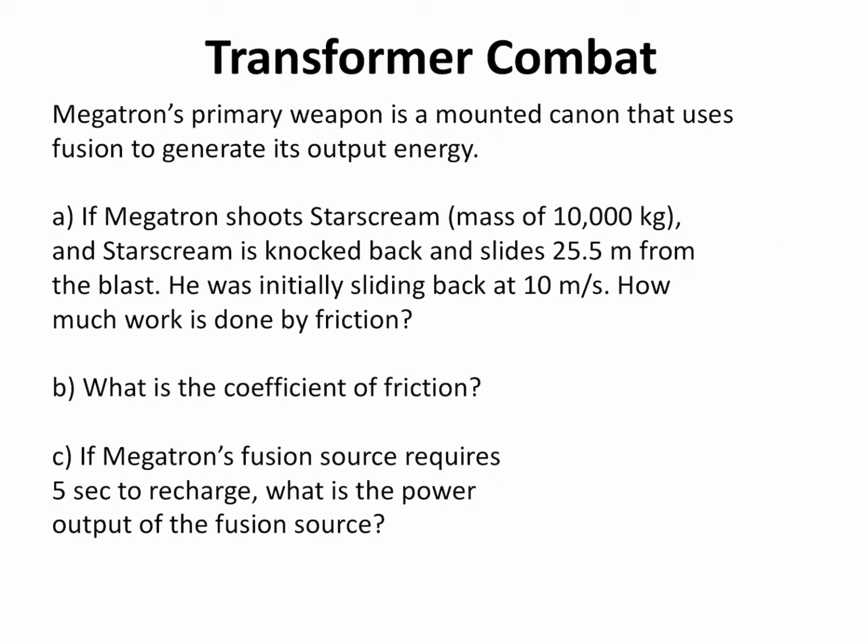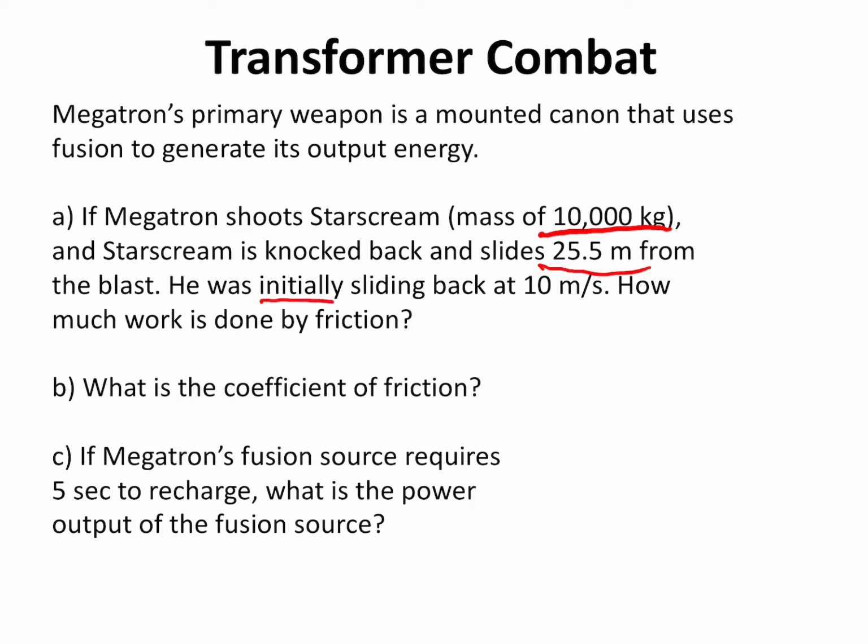Now let's do an example from chapter 7 that we left. So Megatron used his weapon to shoot Starscream, who has a very heavy mass, 10,000 kilograms. It's knocked back and slid a certain distance.